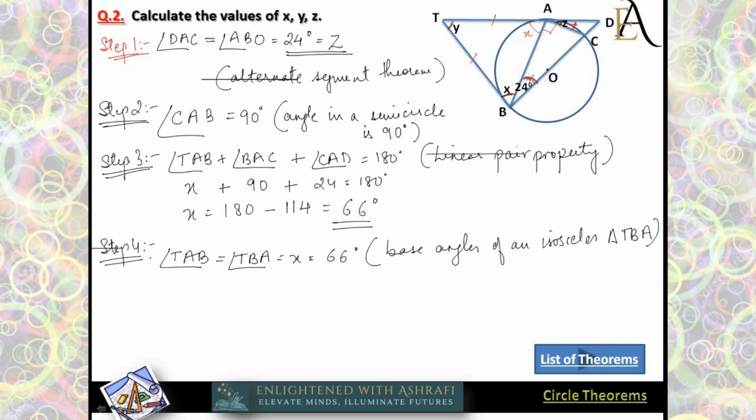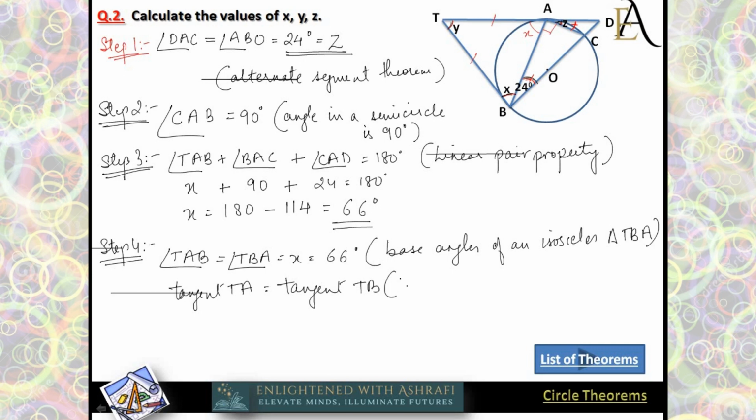How did you get it as an isosceles triangle? Because tangent TA is equal to tangent TB.